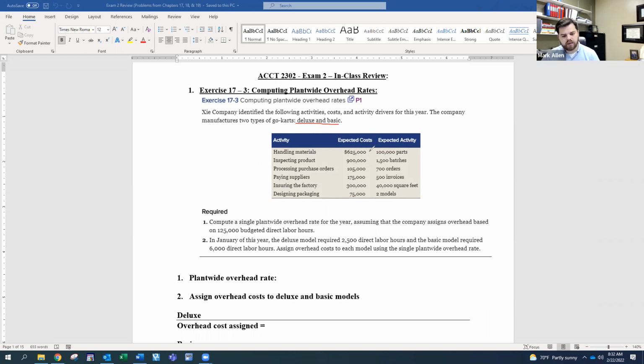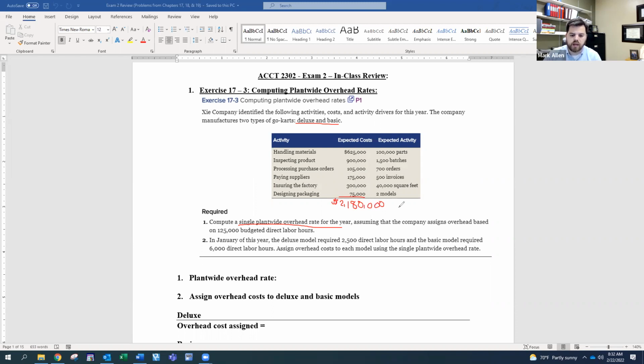The only thing you have to be careful with is that in this case, you're using a single plant-wide overhead rate, which means we don't care so much about all of these expected activities as we care about the cost. So the first thing I want to do is total up all of these overhead items, and I'll see that this comes out to be $2,180,000. So that's my first big step.